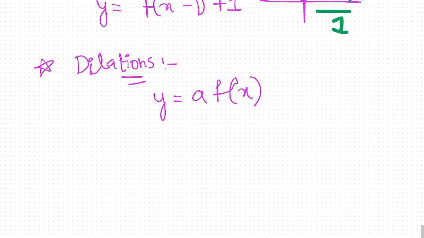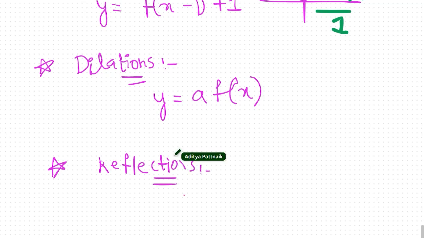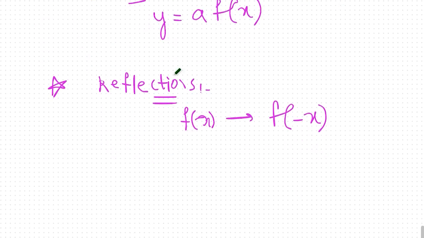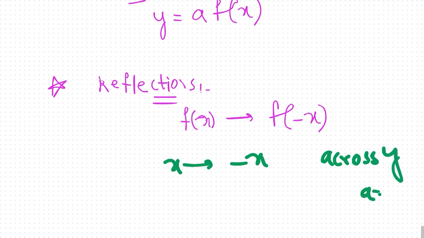Okay, before that, let's talk about reflections also. If f of x becomes f of negative x, what will be the change? X becomes negative x, so that's a reflection across the y-axis.